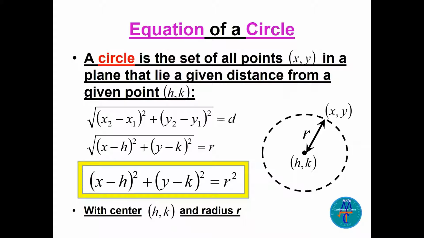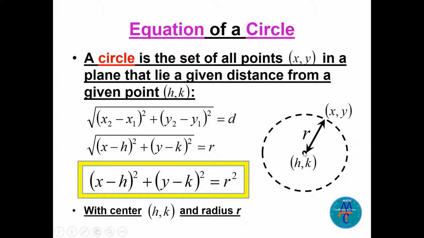Let's start. If we need to define simply a circle, something round, it is a set of all points in the plane that lie a given distance from a given point. So first we have a fixed point here, h, k.